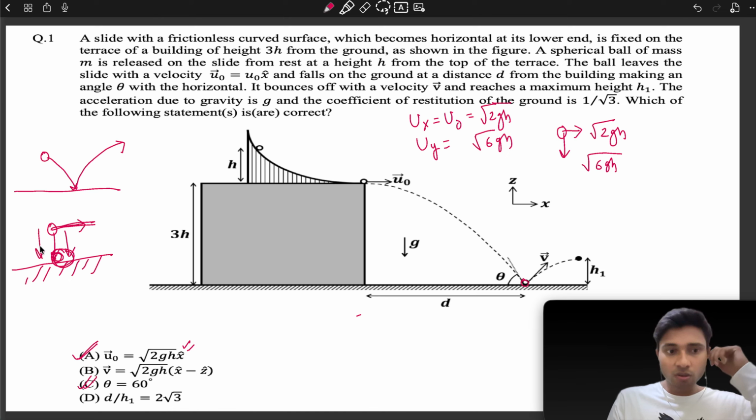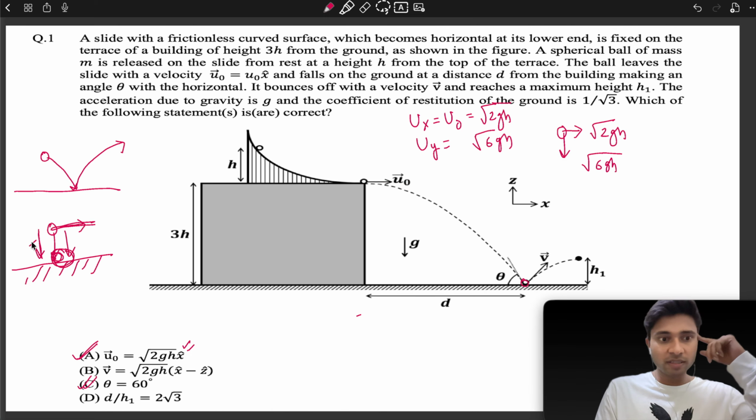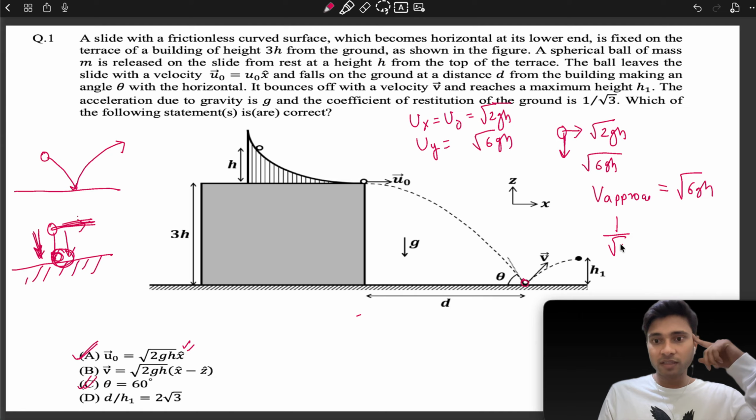So velocity of approach is the vertical component, not the horizontal component. So velocity of approach will be root 6 gh, the vertical component. So coefficient of restitution is v separation by v approach. And v approach is root 6 gh.